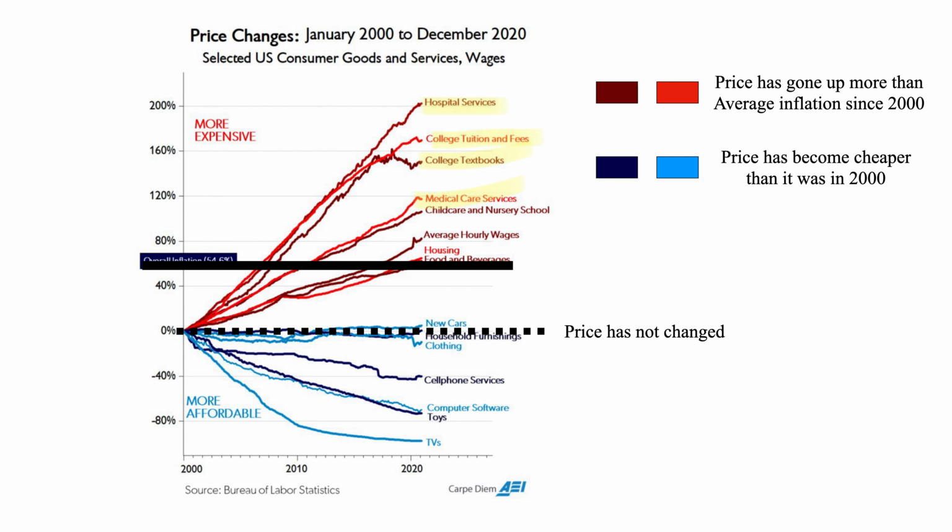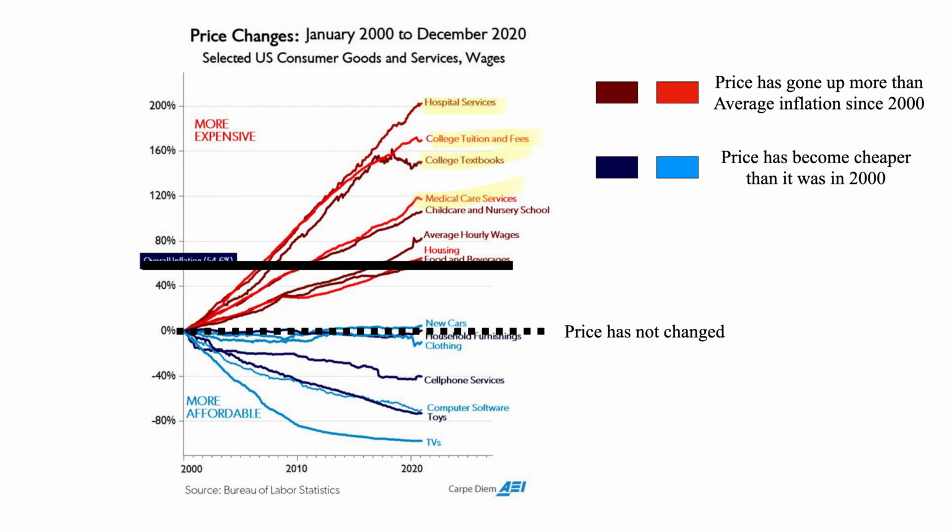And then if you look at our color key, dark red and light red, they only did that because it alternates, so you have a dark red, a light red, a dark red. That means the price has gone up more than average inflation since 2000. And then you have the dark blue, light blue. It's the same thing. They only separated them just so you could alternate, and so it goes dark blue, light blue, dark blue, light blue.